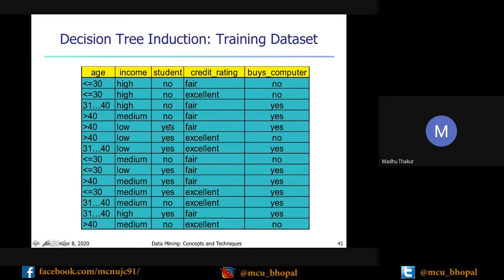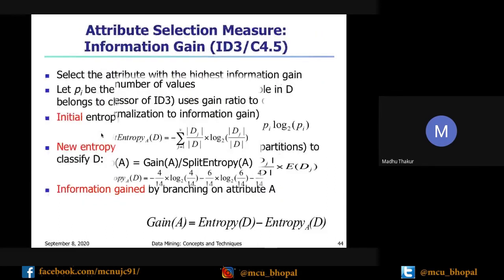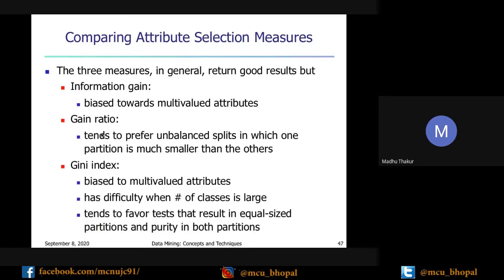This is the class label, but age has more range. So any attribute having multiple values will have more info gain. That's why they say it is biased towards multiple values.